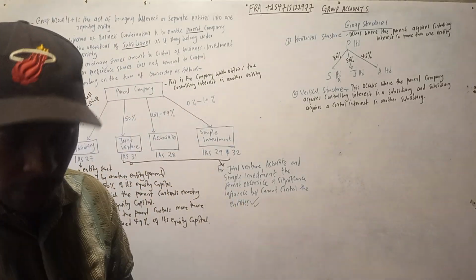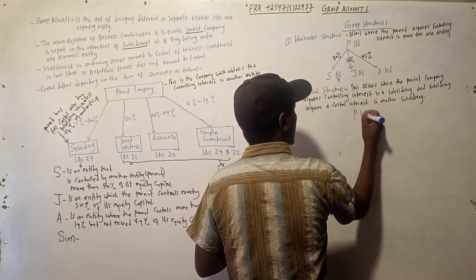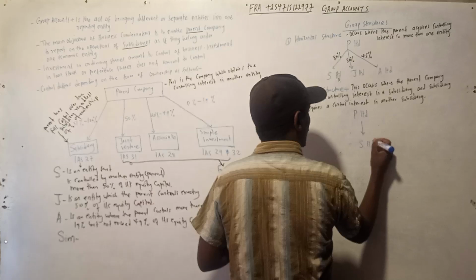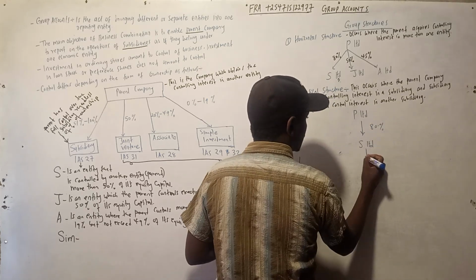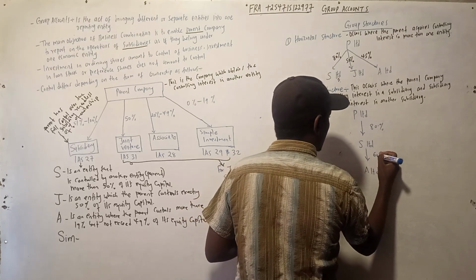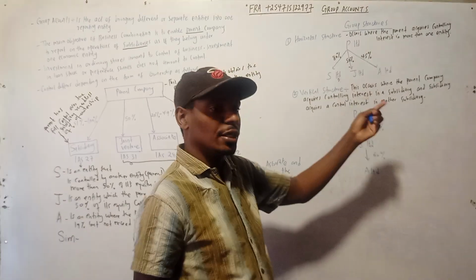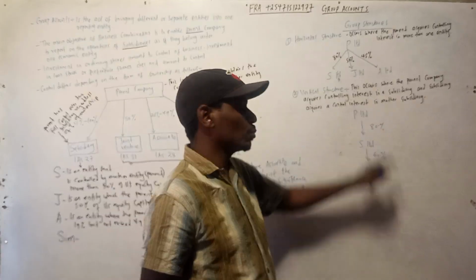So let us now do an example. P Ltd acquires S Ltd 80%. Then S Ltd acquires A Ltd maybe 60%. So remember, P is the main company which acquired S. So S is a subsidiary of P because it controls 80%.